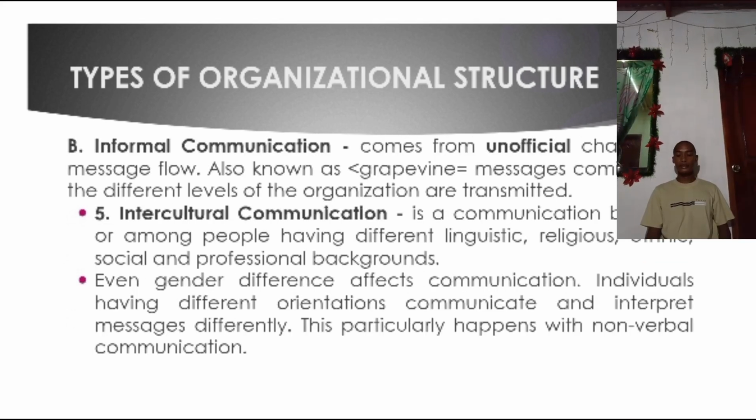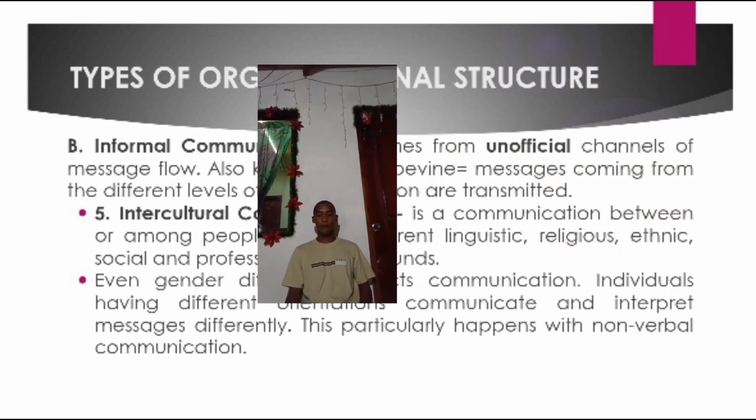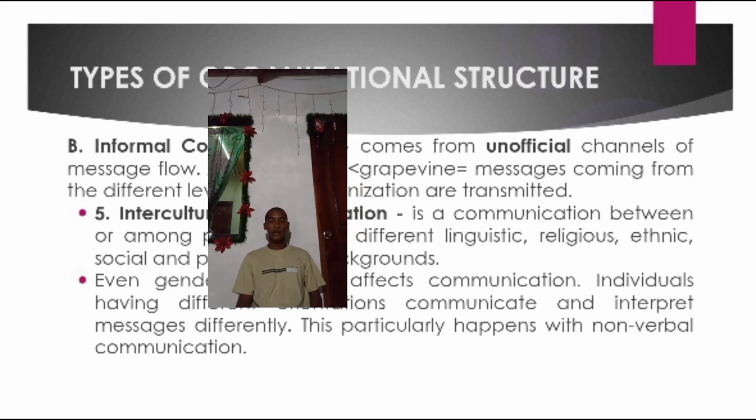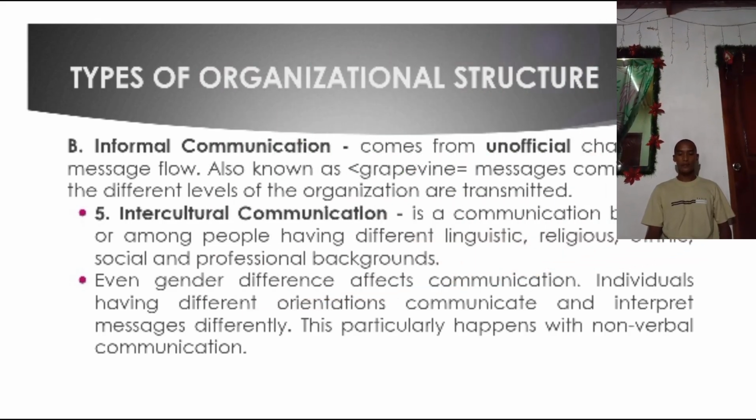Types of organizational structure. B. Informal communication comes from unofficial channels of message flow, also known as grapevine. Messages coming from the different levels of the organization are transmitted.